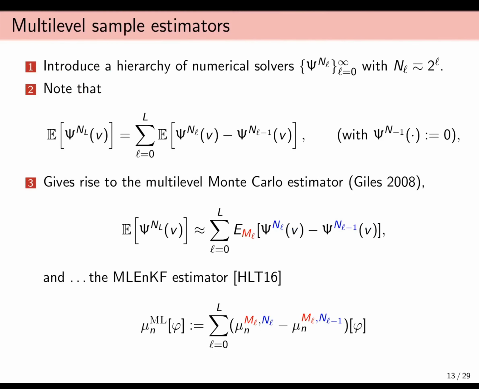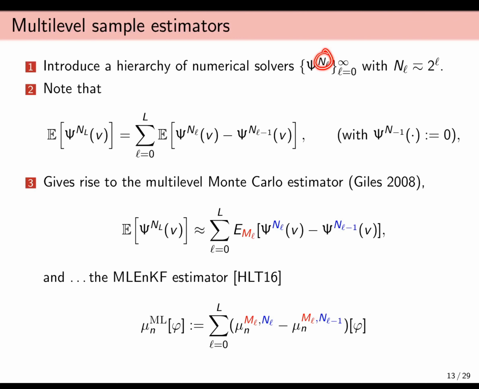All right, so I will just give you some very rough ideas of how this extension is done. So first of all, as in other multi-level approximations, we have to introduce a hierarchy of numerical solvers.